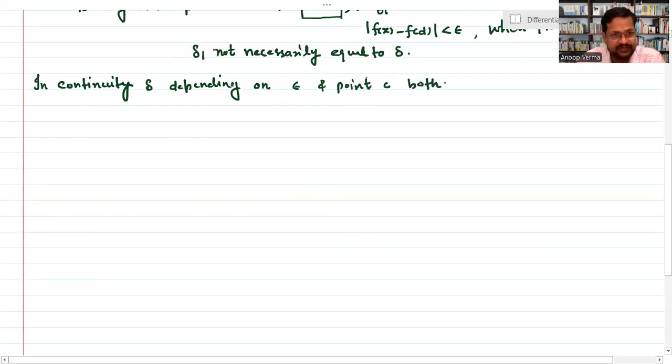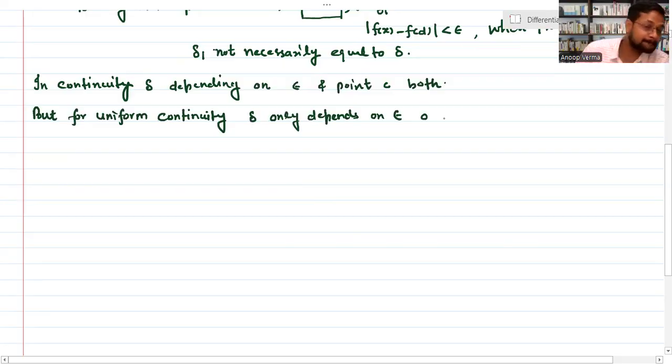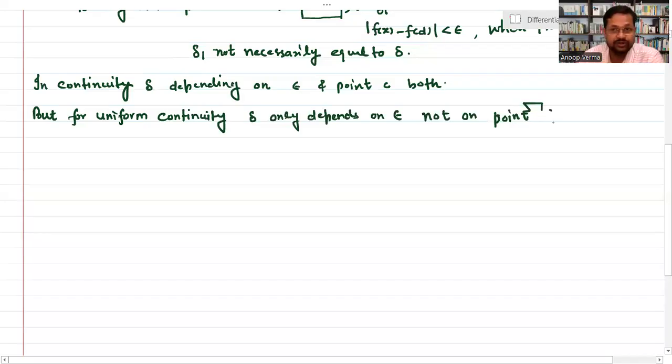This is a general point c I'm just mentioning here. But for uniform continuity, this delta only depends on epsilon, not on the point.